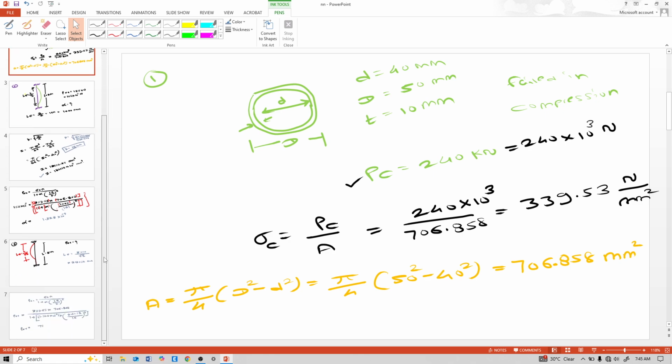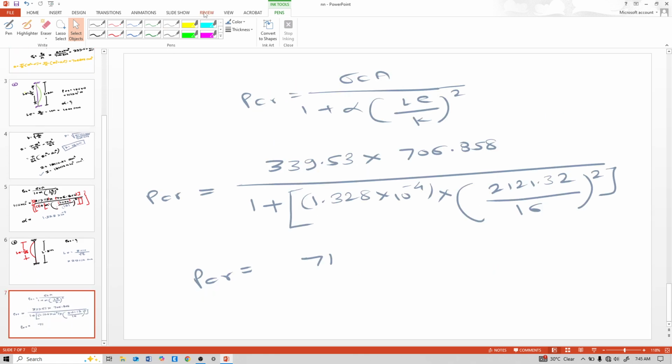Yes, this is in MPa. So 71977.37 and the unit is Newton. That means PCR is 71.97 kilonewton.